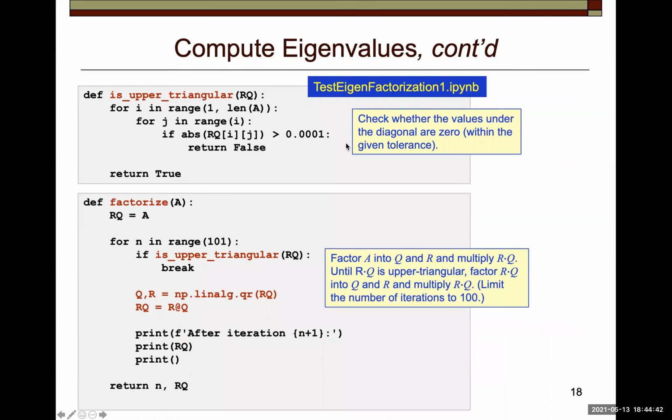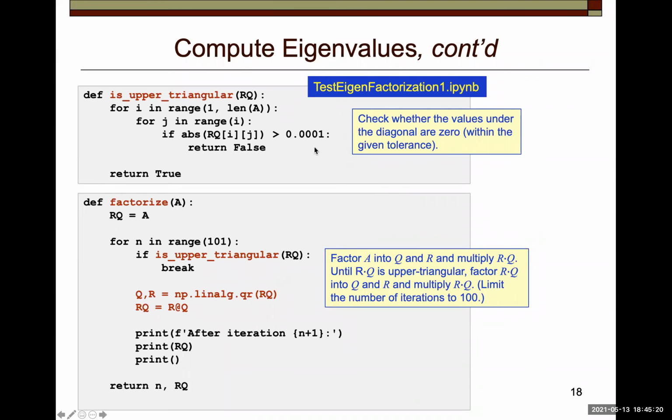All right, so I have uploaded some code. Here is a function that tests whether or not the matrix that I'm calling RQ is upper triangular. Basically I'm looking at the elements under the main diagonal to see if they are 0. I'm not going to check for exact 0, because with round-off error you probably will never achieve exact 0.